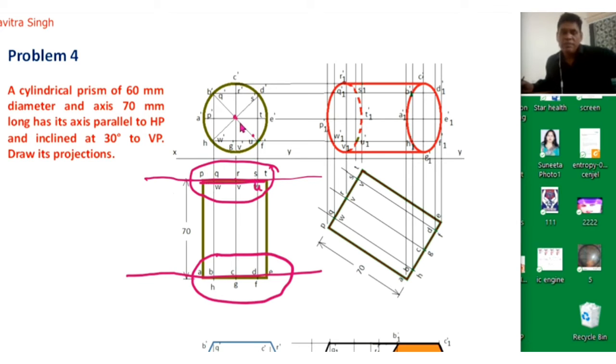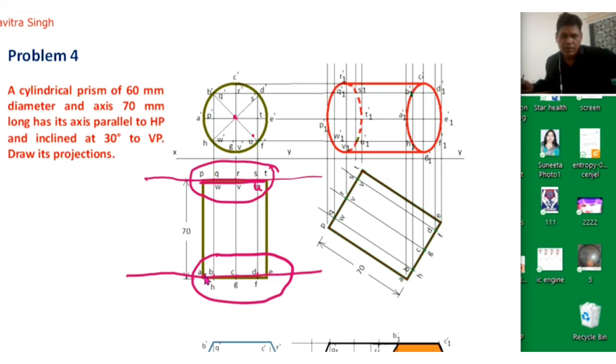Similarly, when we see from the top, we will draw a vertical line from point A dash, so we will get this point A, from B dash we will get this point B, from C dash we will get this point C, from D dash we will get this point D, and from E dash we will get this point E, then from F dash, from G dash, from H dash.